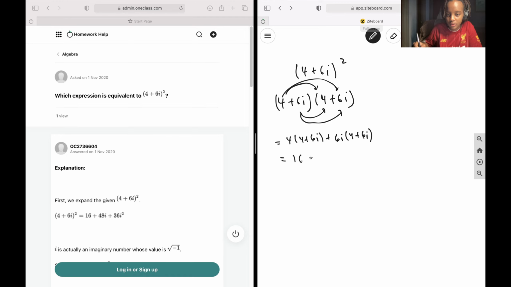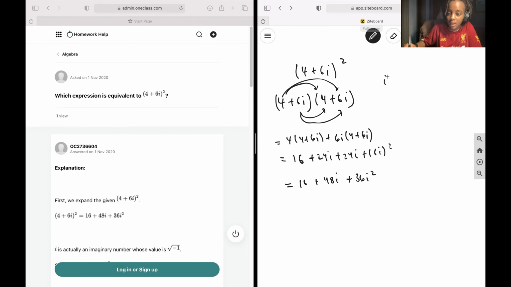So 16 plus 24i plus another 24i plus 36i squared. So 16 plus 48i plus 36i squared.